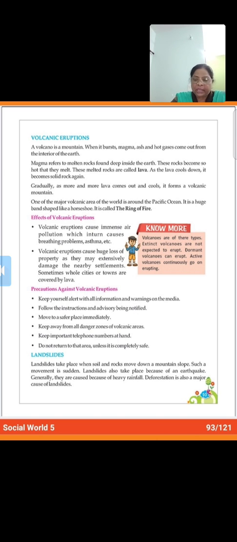Now, one major area is what is called the Ring of Fire. It's a major area of the world in the basin of the Pacific Ocean, where many earthquakes and volcanic eruptions occur. Okay, and it covers around 40,000 kilometers.